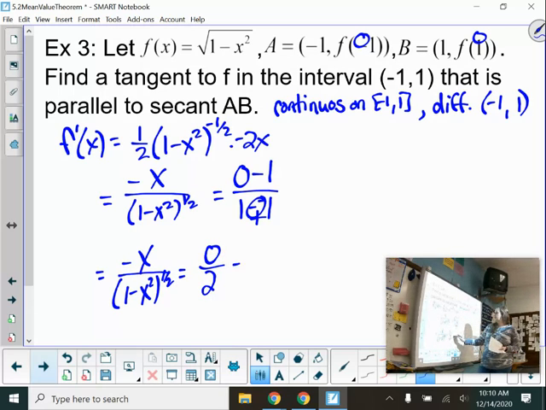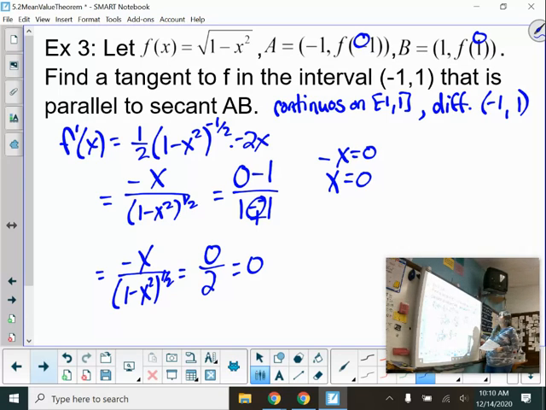This is just 0. So to find the place where this fraction is equal to 0, I want to set the -x equal to 0. And that means at x equals 0, that is going to give you the same slope as A to B.